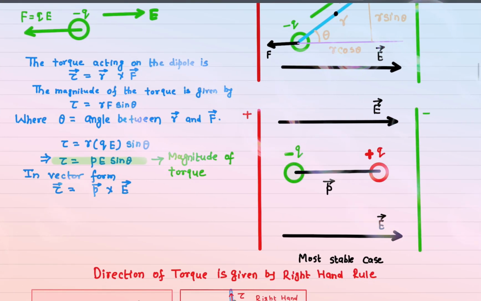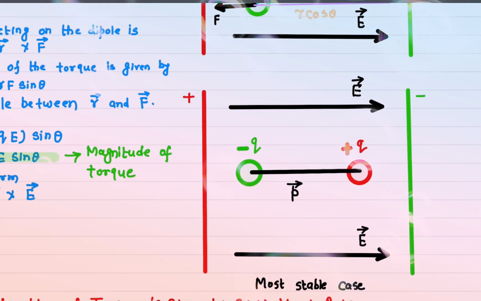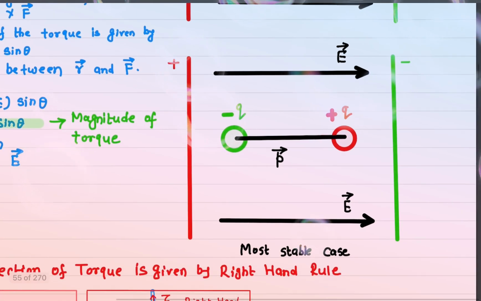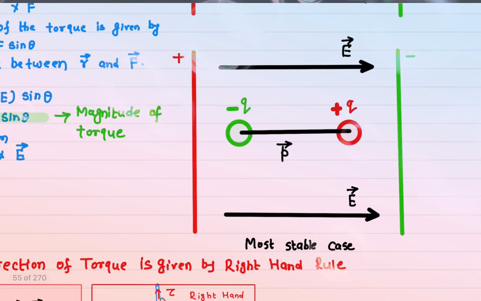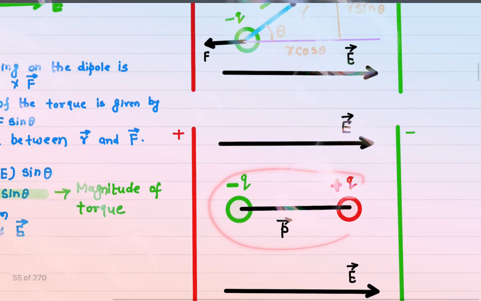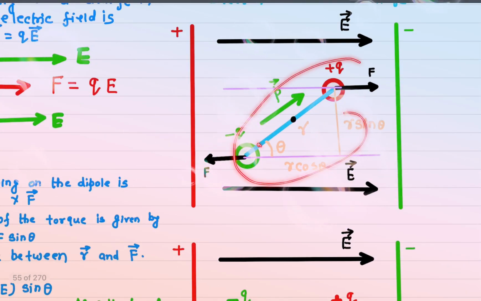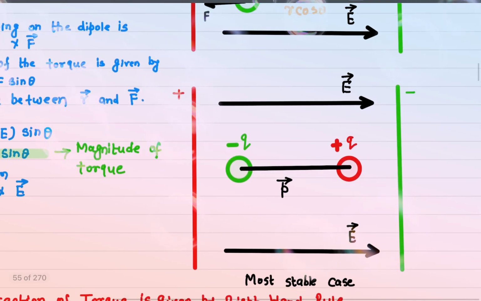Now let's come back to our first question: why is the dipole direction chosen from negative to positive charge? Let me explain this. Again, this is just for convenience, but in physics it is always chosen from negative to positive charge. When you have a dipole at an angle theta and placed in an external electric field, the electric field tries to align the dipole in the direction of the electric field, and this will be the direction in this case.